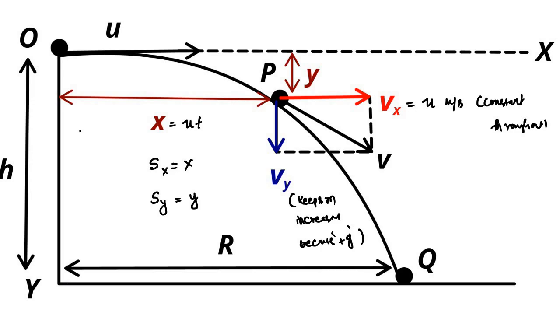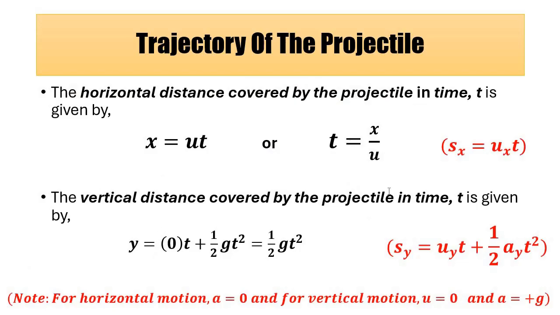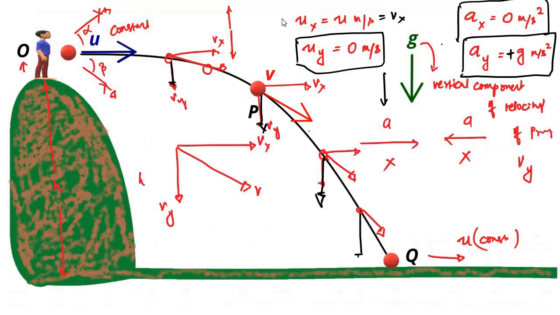Next, the vertical distance y. Again, for y we will use the second equation of motion applied along the y-axis. So all the y subscripts, sy is equal to uyt plus 1/2 ayt square. Now here we determined that uy, the vertical component of the initial velocity, is 0.